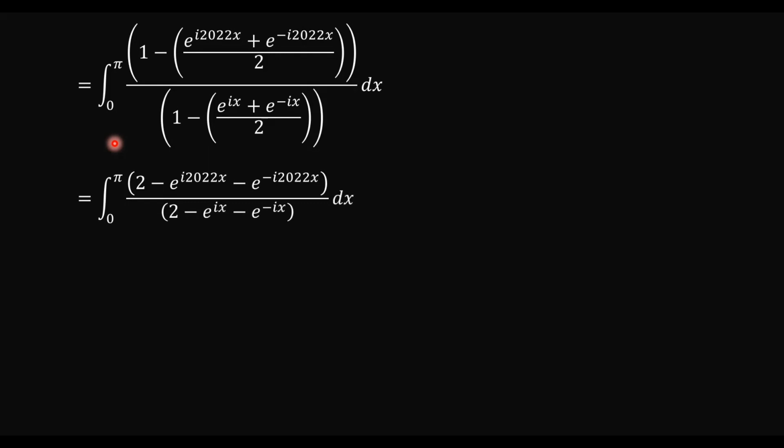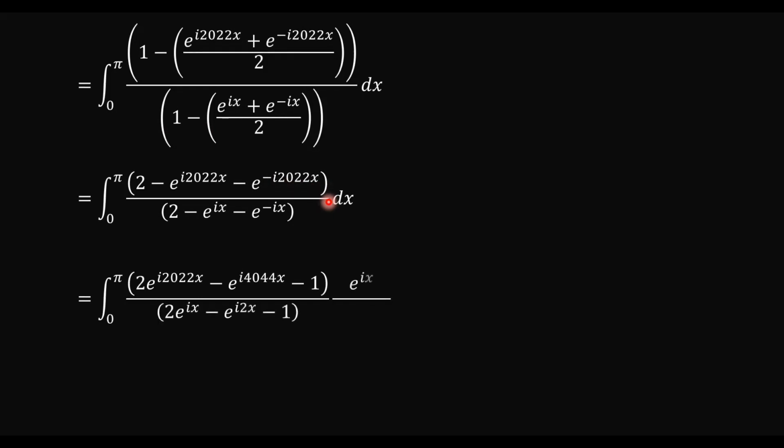and then we can go further by multiplying both the numerator and denominator by e to the power i2022x, and also by e to the power ix in the denominator.